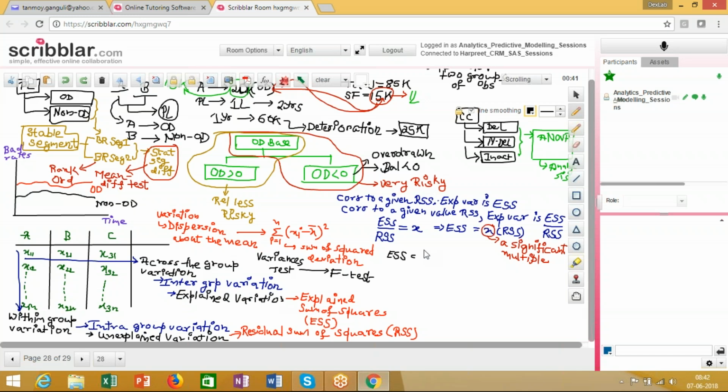So what we'll say is that for explained sum of squares, if there are n rows in the data equal to n, then the mean is also equal to n.